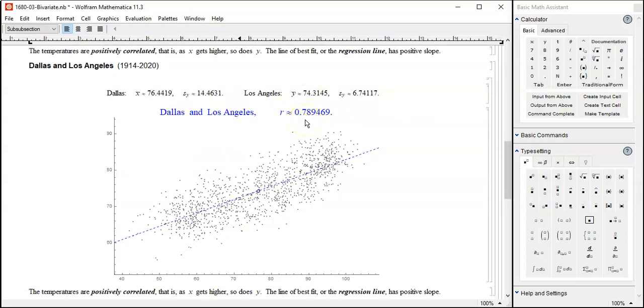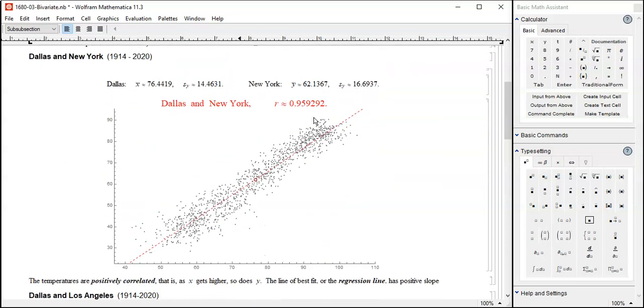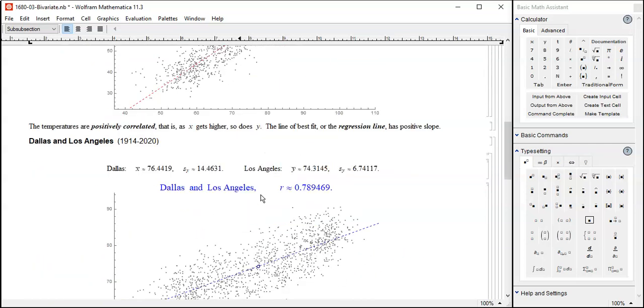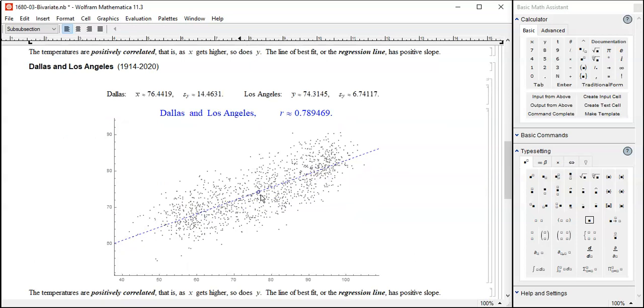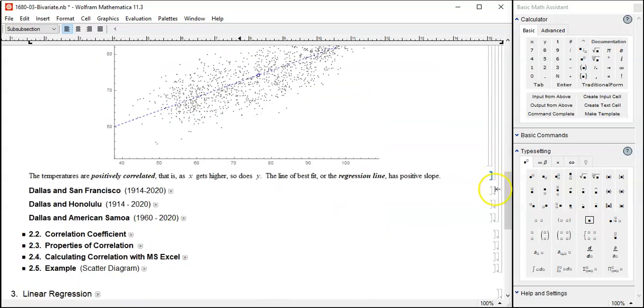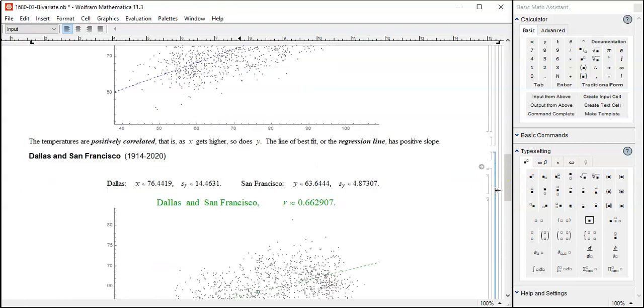And this one is still strong, but not as strong as before. We have 0.789, about 79%, still pretty strong. But this one is 0.959, 96%. This one is stronger. And as you can see, dots are more densely packed toward the trend line, the regression line. A little bit less, but still strong. Next one, Dallas and San Francisco.